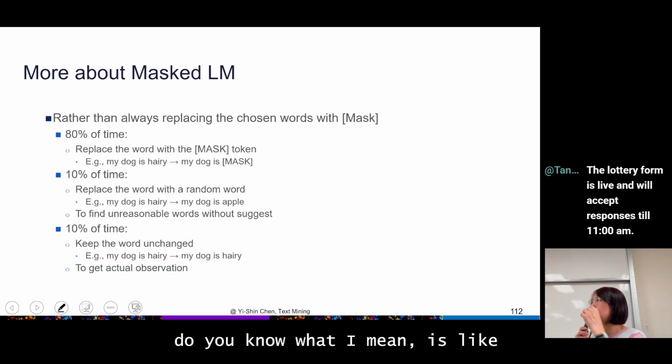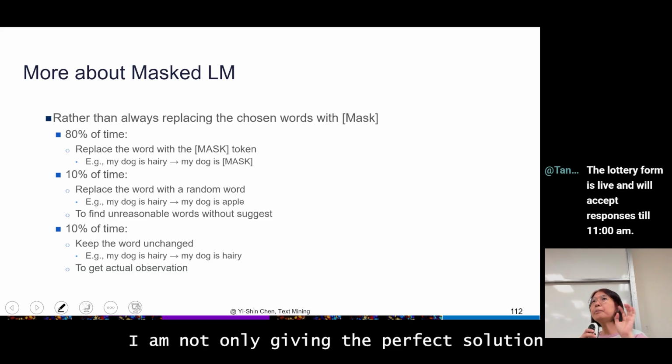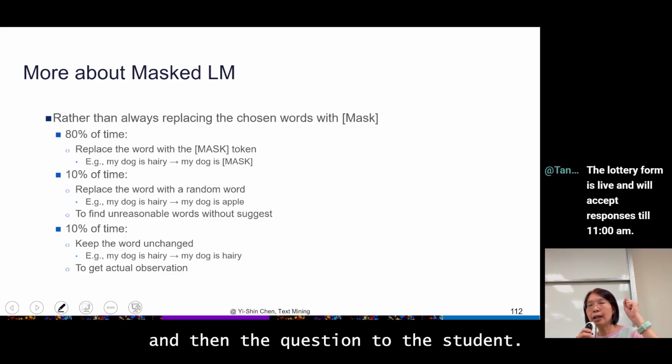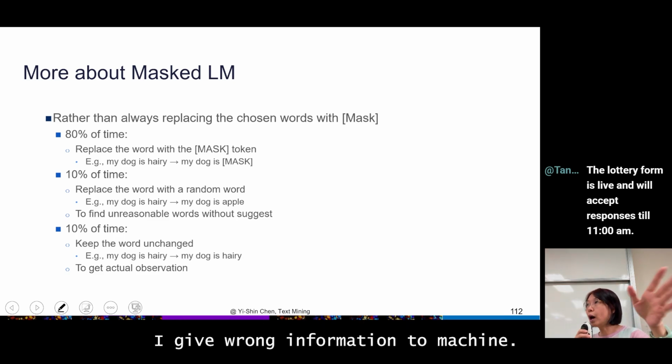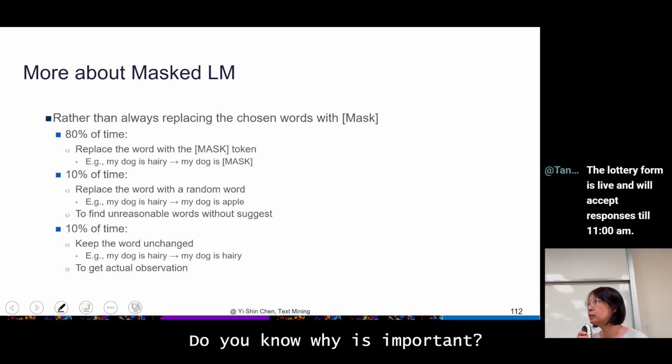Do you know what I mean? It's like I am not only giving the perfect solution and the question to the student, I also give wrong information to the student. I give wrong information to the machine. Do you know why it's important?